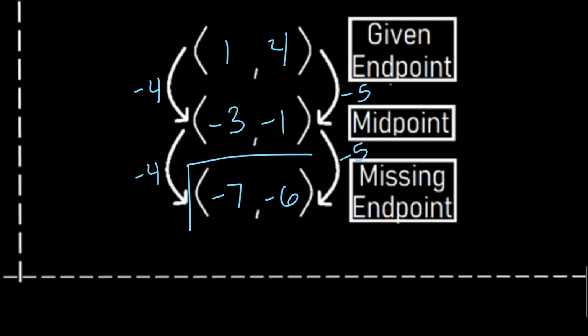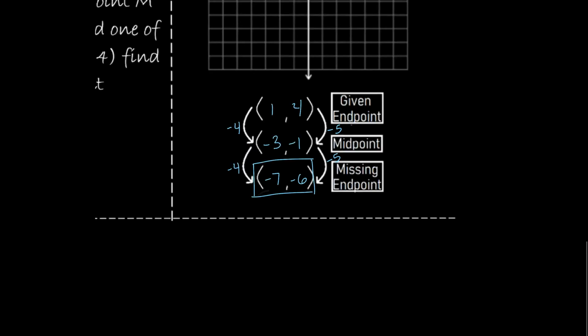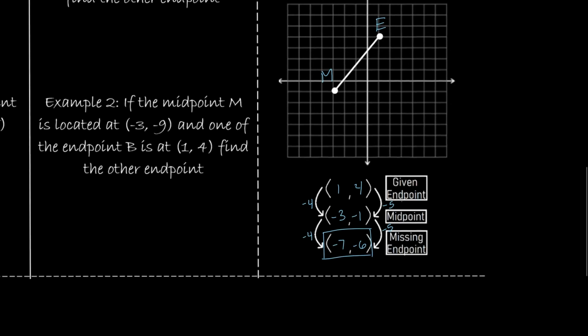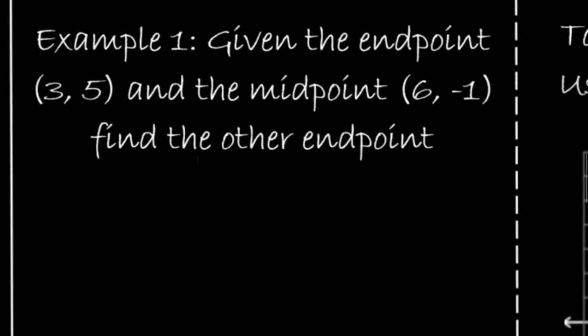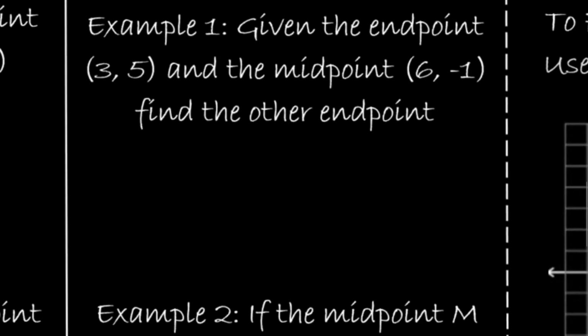Any questions on how to find the missing endpoint? So go ahead and complete example 1 and 2 for finding the missing endpoint. All right. What did you guys get for example 1? 9, -7.